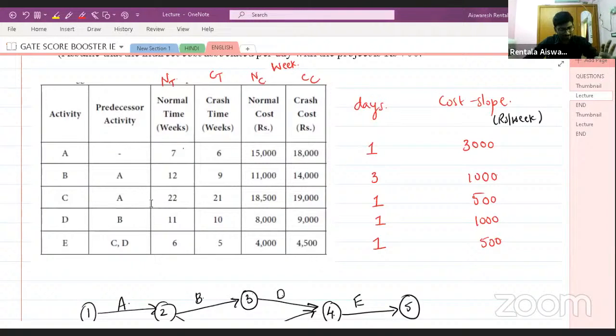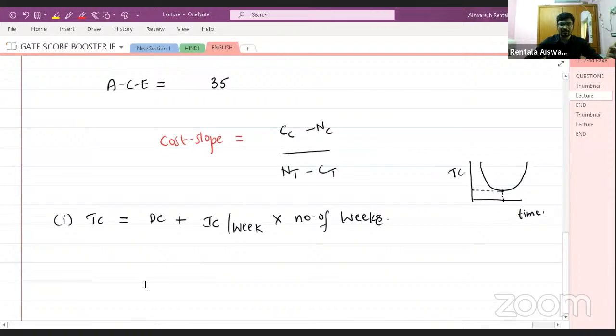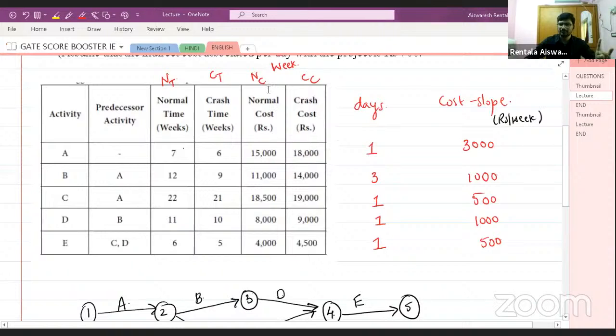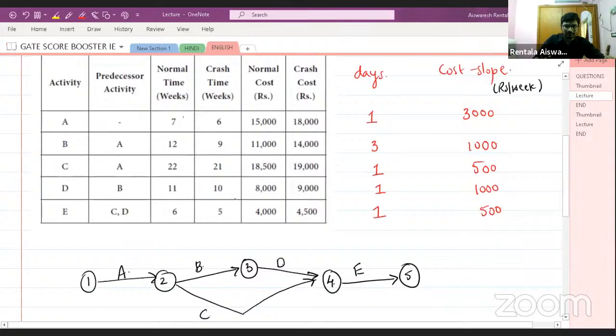Very good, Sai Krishna. So the direct cost of the project will be the sum of your normal costs. As of now, we are calculating this cost without any crashing, right? We have not started any crashing. So the direct cost incurred will be the sum of these normal costs. Calculate the total sum here and you will get the direct cost.